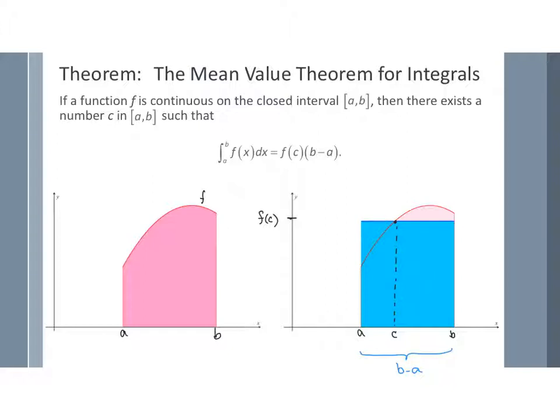So the area in the blue, this whole rectangle, is f of c times b minus a. And what we're saying is that area corresponds to the area over here.